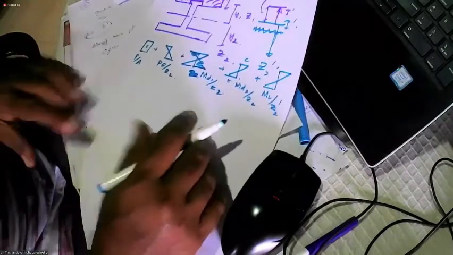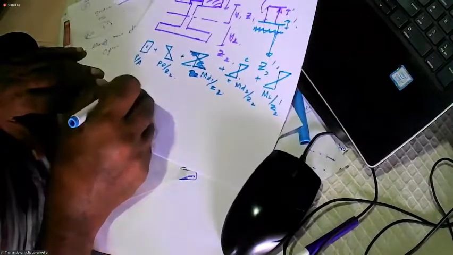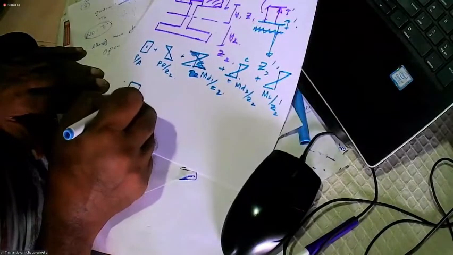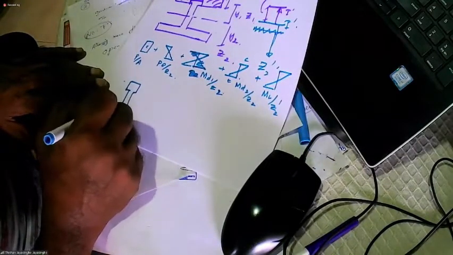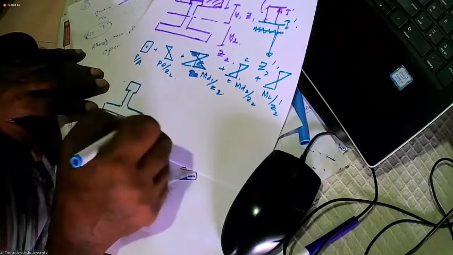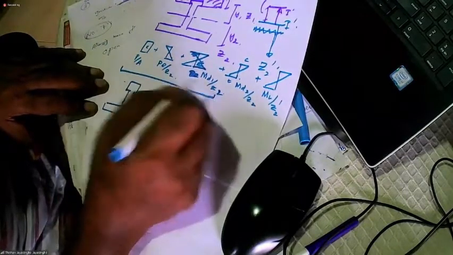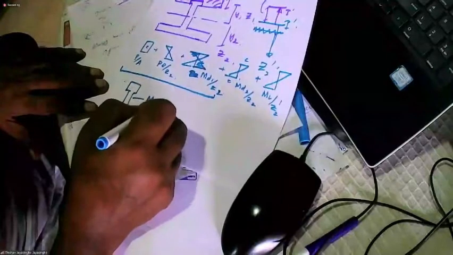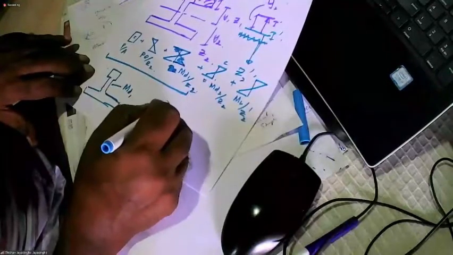So let's see what happens. First we cast the beam. When we cast the beam and cut the tendons, these three equations apply. So this is MD1. Then we place the beams.